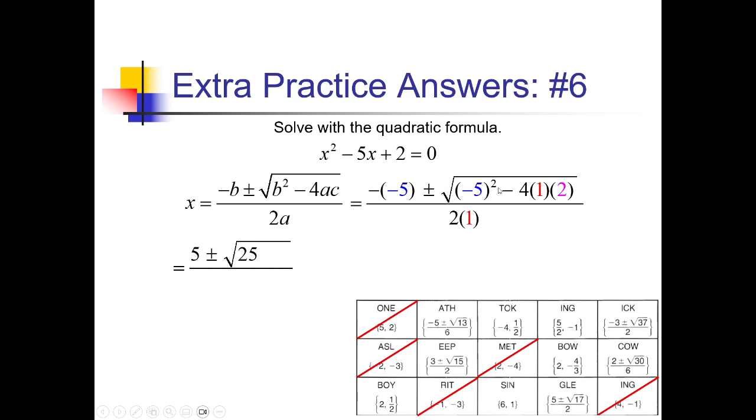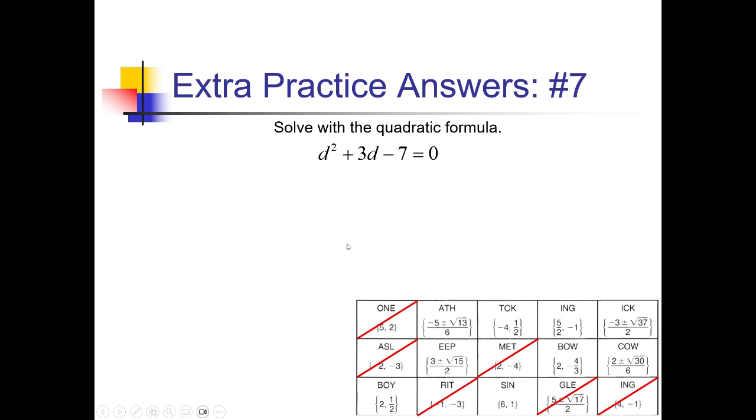This is going to be minus 8 in here, all over 2. 25 minus 8 is 17. 17 is not a perfect square, and it doesn't have any perfect square factors either. So 5 plus or minus radical 17 over 2 is as good as this one gets. And I see that whole answer down here, so that one is getting crossed off.